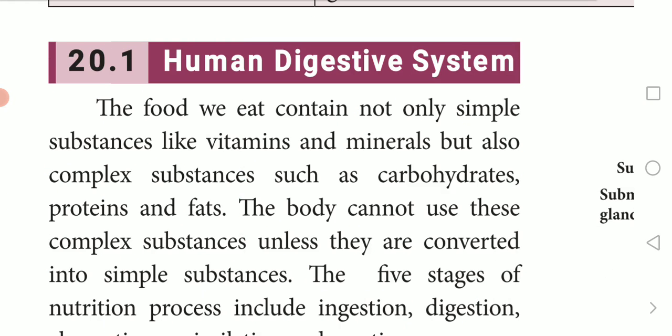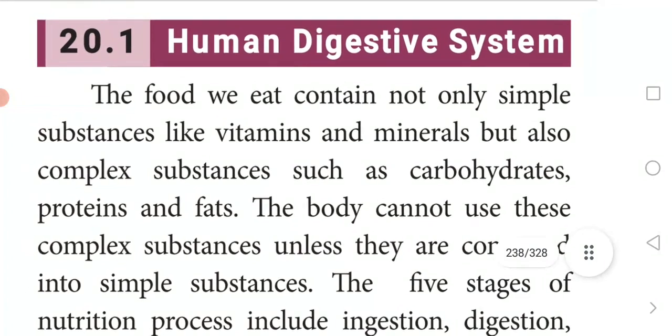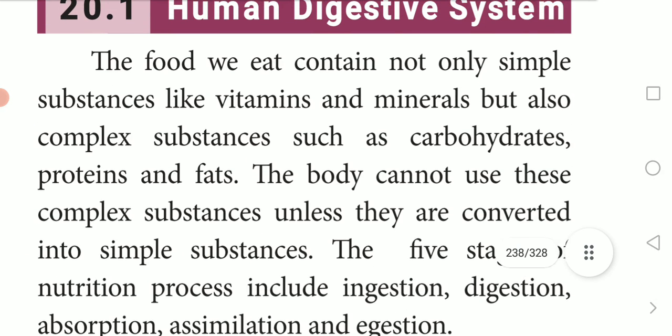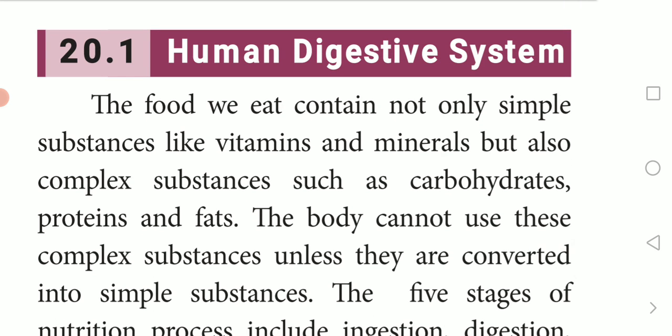What is the digestive system? The system which is used for digestion is called the human digestive system. What is digestion? Digestion is the process of breaking down larger particles into smaller ones.